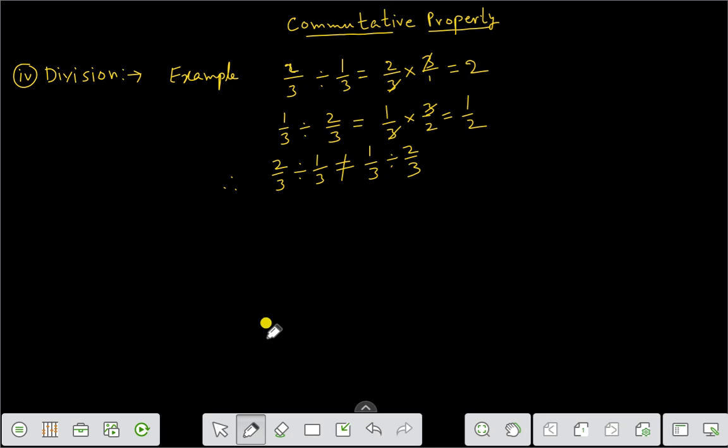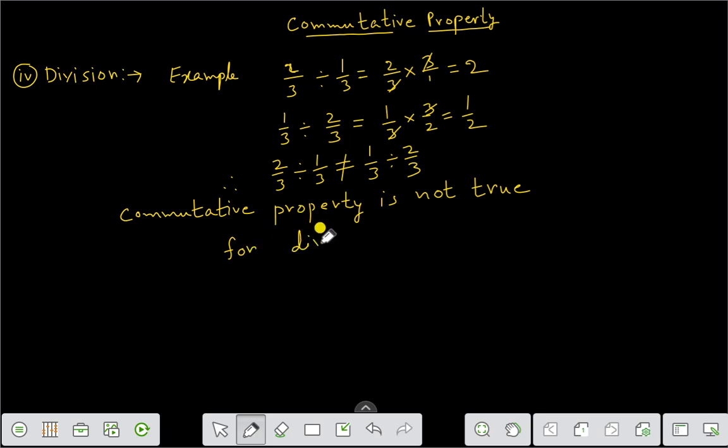We can say that the commutative property is not true for division of rational numbers, right?